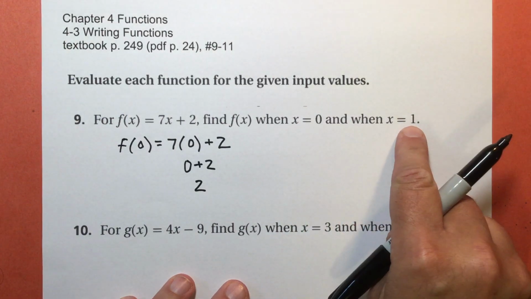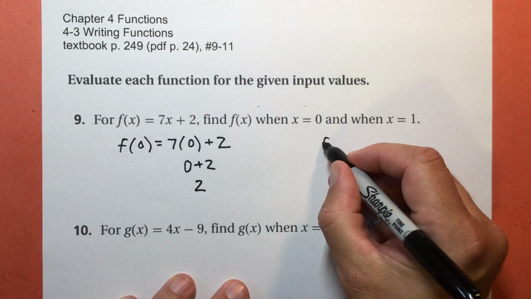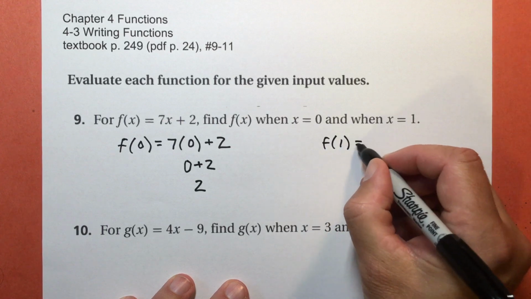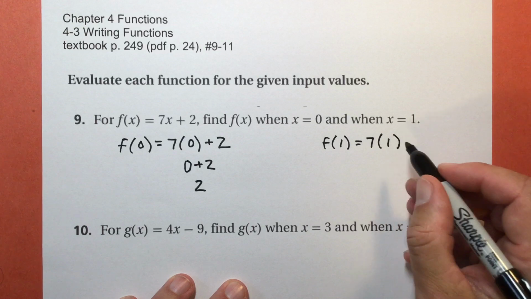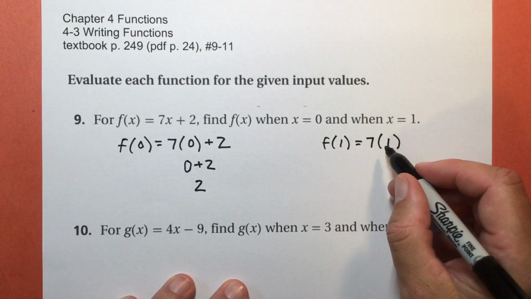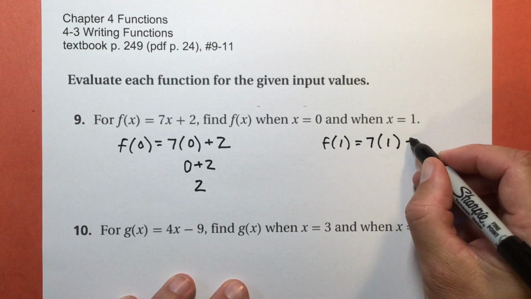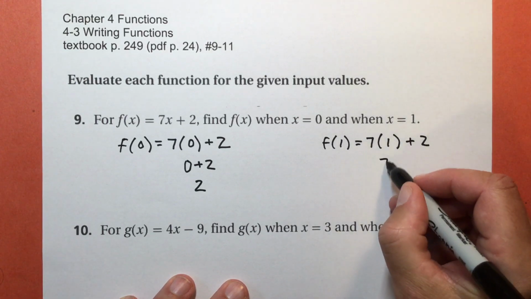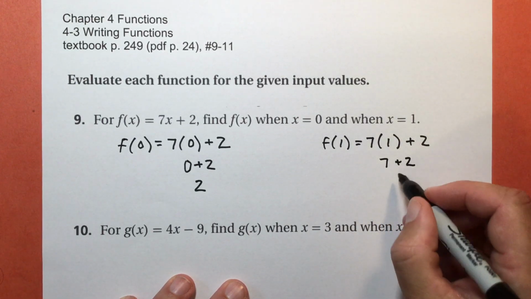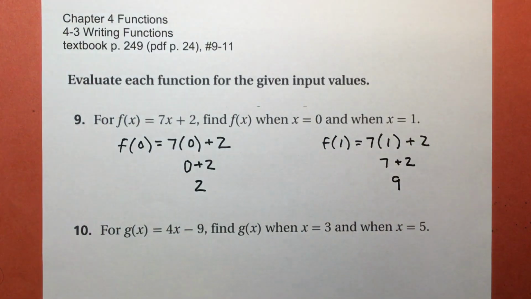Let's do the same thing, except this time x equals 1. So f of 1 equals 7 parentheses, I'm using parentheses to hold its place, and it's going to multiply, plus 2. Multiply first. 7 times 1 is 7, and 7 plus 2 equals 9. And that's all you have to do for that one.